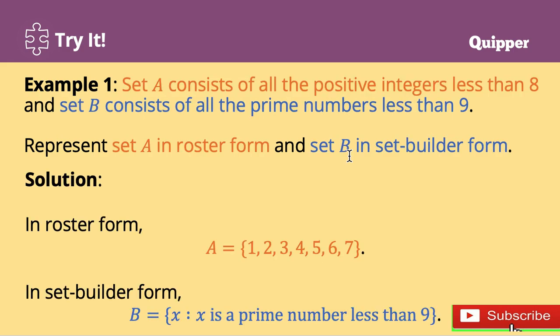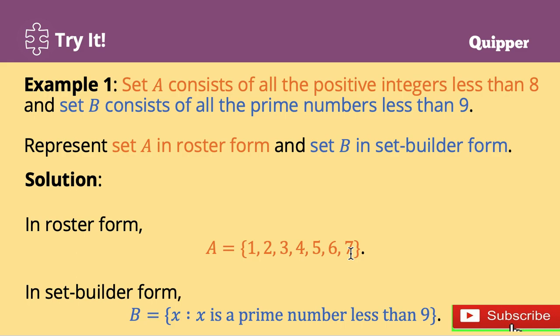Here's the solution. For the roster form, we have set A consisting of all the positive integers less than 8. So this is now the roster form. Set A is equal to {1, 2, 3, 4, 5, 6, 7}. These are the positive integers that are less than 8.